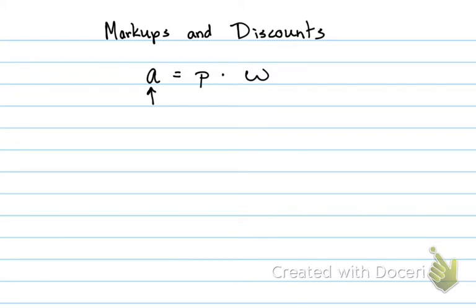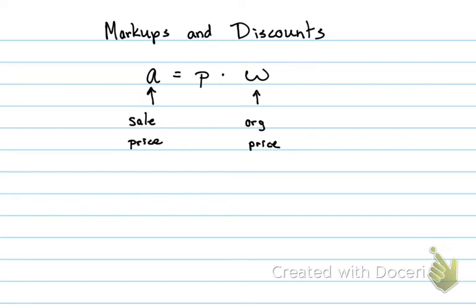A is the sale price. Whether you're paying more or less, whether it's a markup or a discount, A is what you pay for the product. W is the original price of the product, the starting price. You must remember that to keep these straight.